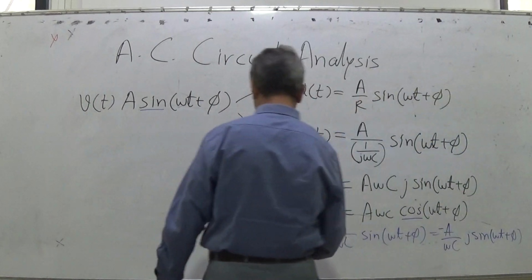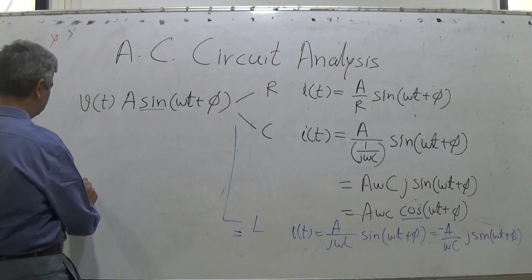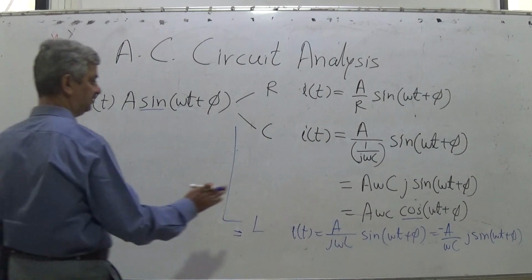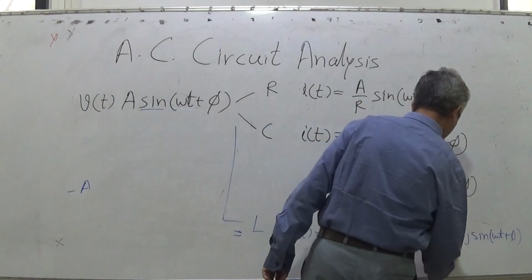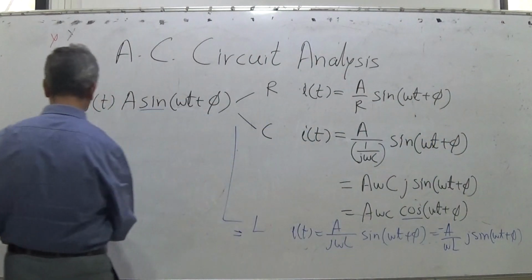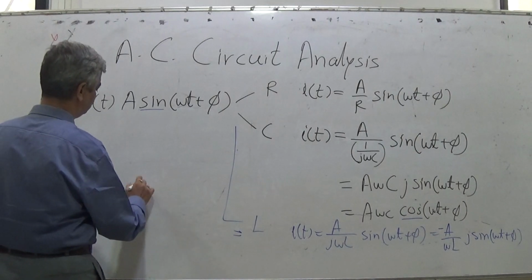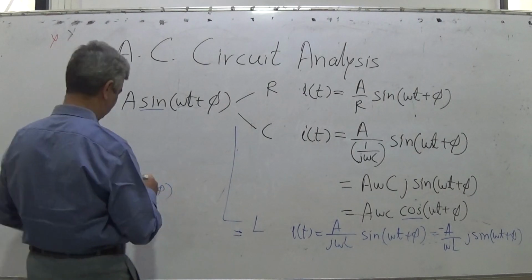So that is same as minus A upon omega L cos omega t plus phi.